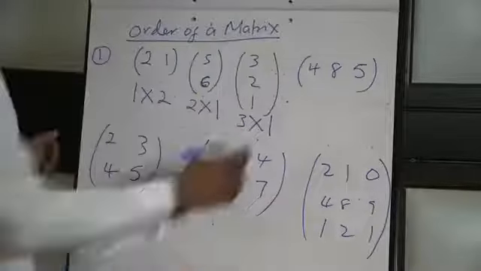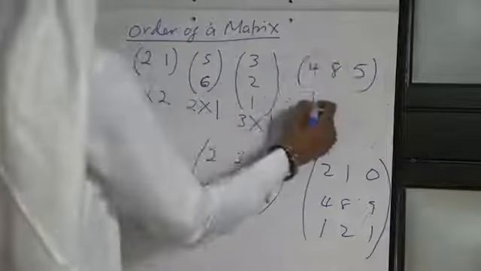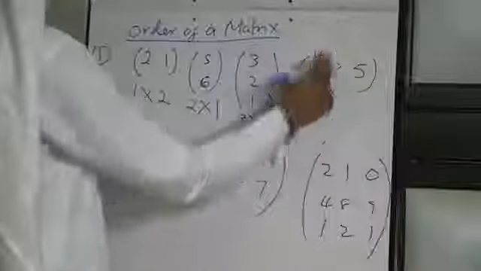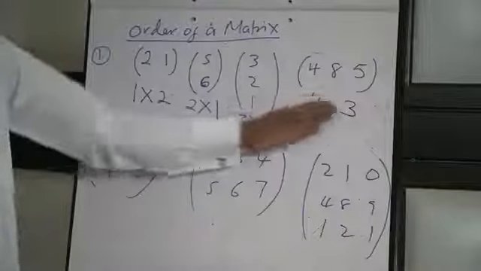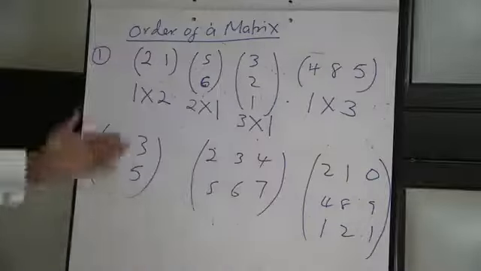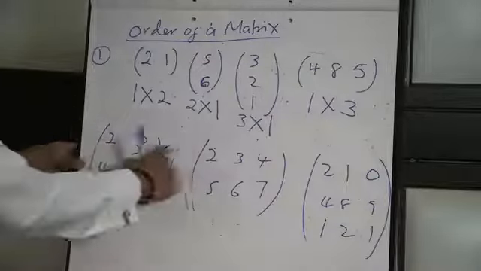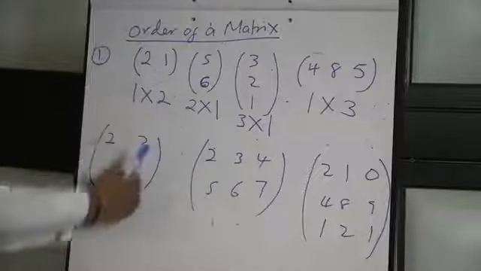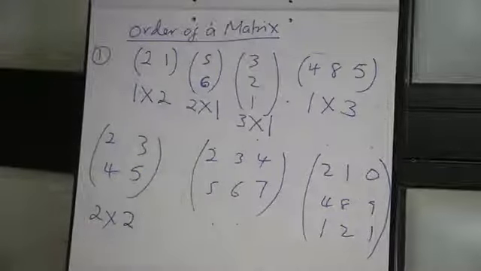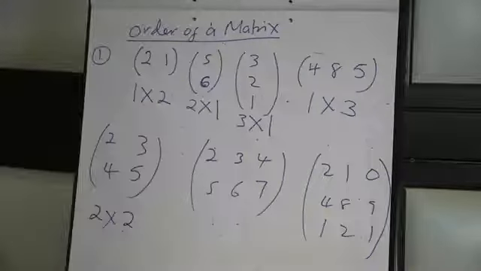If we go to the next one, we have only 1 row by how many columns? 1, 2, 3 columns. This is a 1 by 3 matrix. When you come here, we have how many rows? 2 rows by 2 columns. So this is a 2 by 2 matrix.